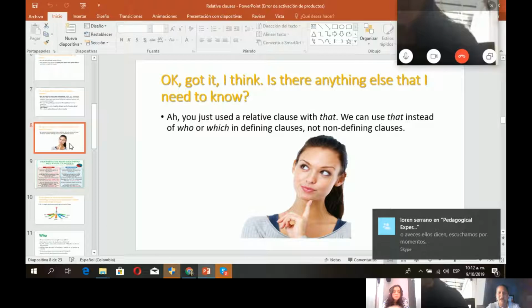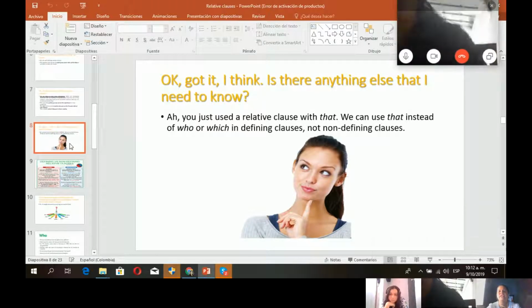Is there anything else that I need to know? Oh, you can use a relative clause with that. We can use that instead of who or which in a defining clause, not in a non-defining clause.